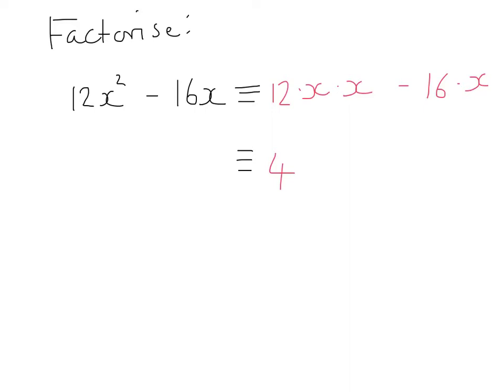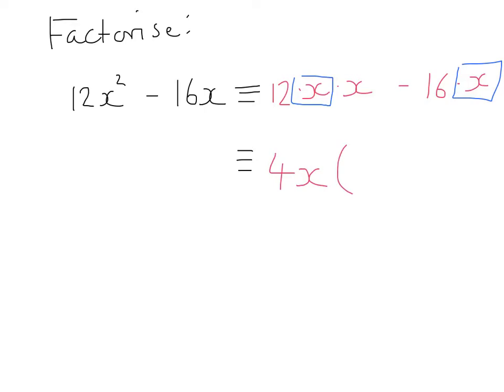And we're going to see how many times the same letter appears on both terms. So we have 1x here and 1x on the right hand side as well. And then after that, that's it. We have another x here, but we don't have a second x in the second term to partner it up with. So we're going to write down 1x as well. And now we're going to open up the brackets.